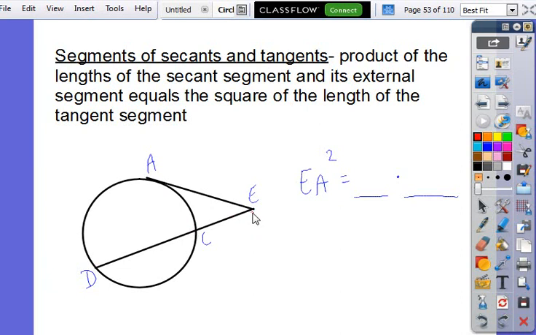Outside times the whole thing. So take the tangent one and square it. There's my EA squared. The next one will be what? EC, outside, times the whole thing. Outside is EC, whole thing is DE. So if you ever see the secant part, that rule doesn't change. It's always going to be outside times the whole thing.